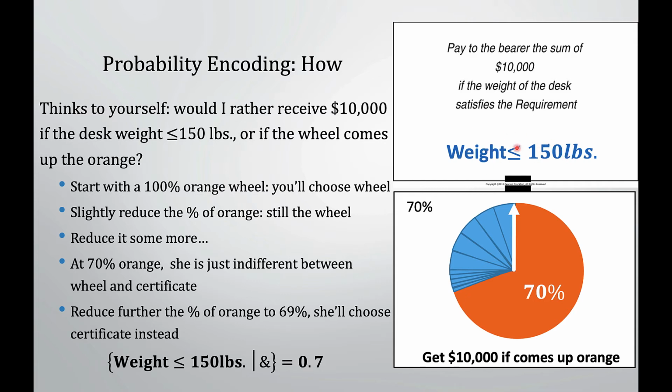An event happening versus not happening with the same prices. These are hypotheticals. Well, I don't actually get $10,000 from a donation, but this process helps you to think straight about the probability that you would assign to this event. So this is one example of how to encode the probability for this random event.